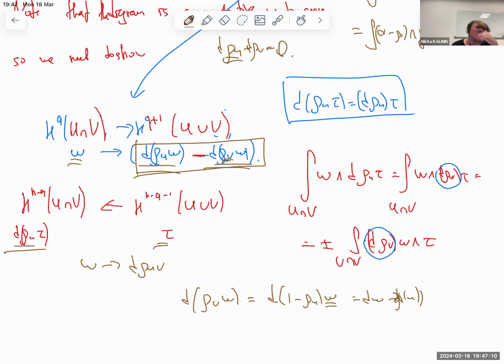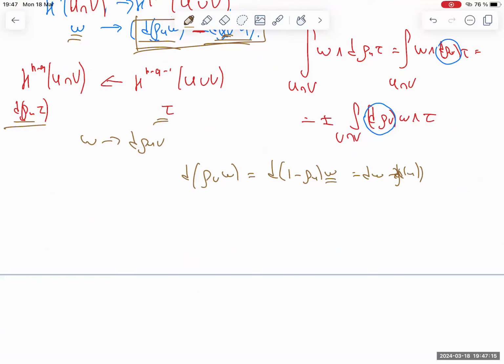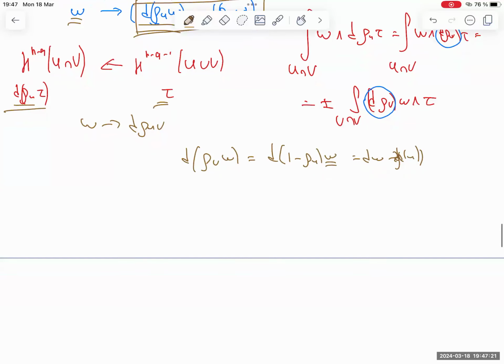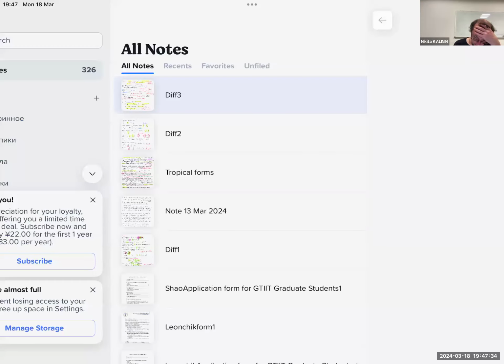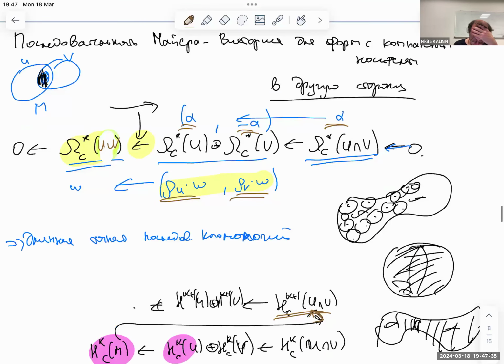Okay, then let's try to reconstruct it back. So you mean that maybe here we also should have a difference, right? Yeah, probably, because I can't see why d rho u multiplied by tau lives in the intersection. Right, you may be right. So let's look there. How do we define it here?